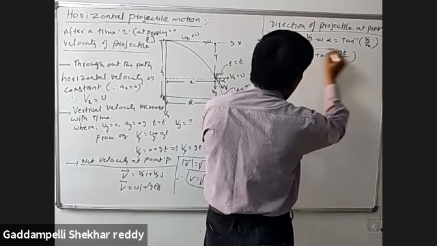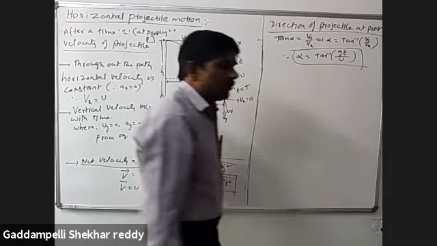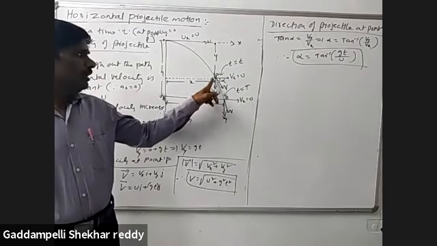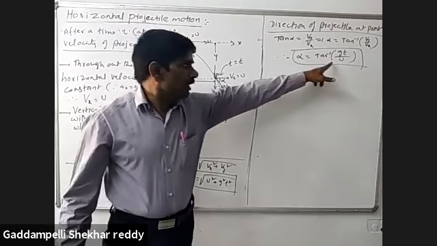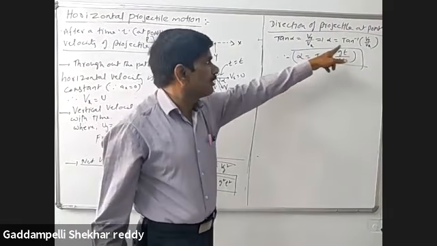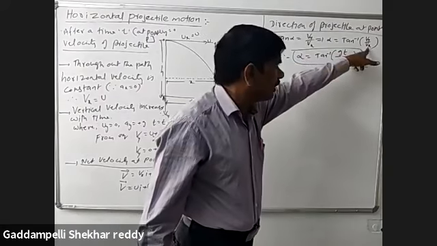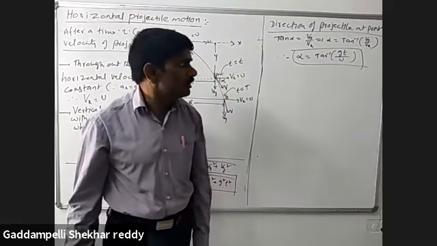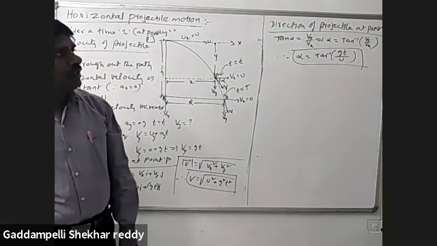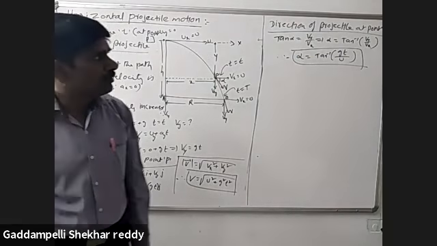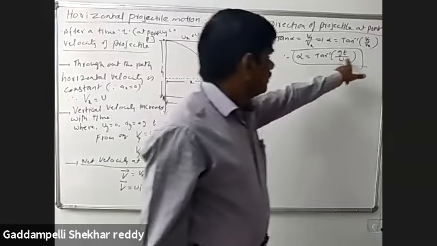So this is the direction of the projectile after a time t or at point P. Alpha is equal to tan inverse of gt by u, or alpha is equal to tan inverse of the vertical final velocity by the horizontal final velocity, where Vx is equal to u.